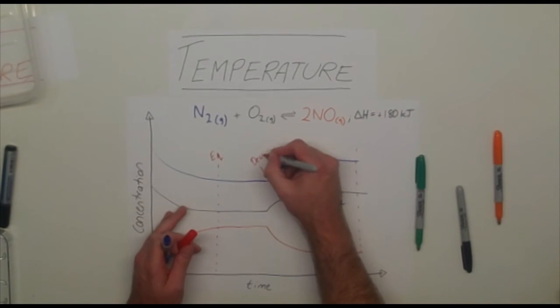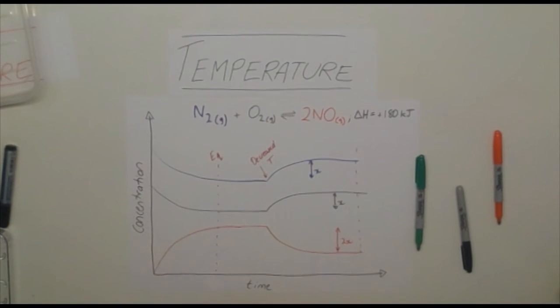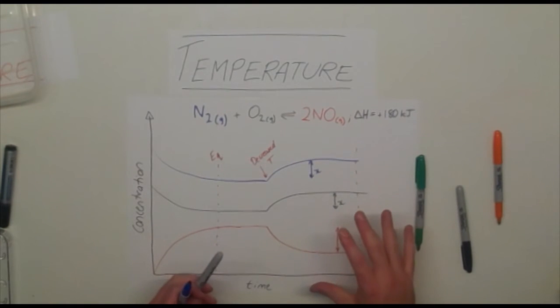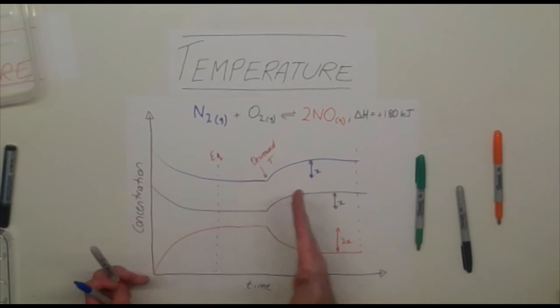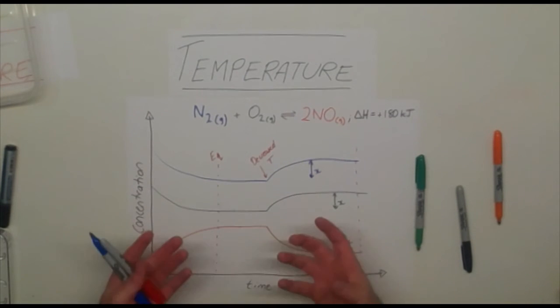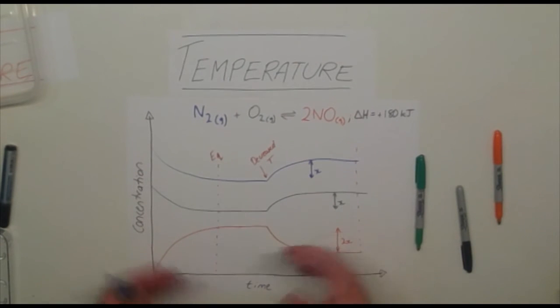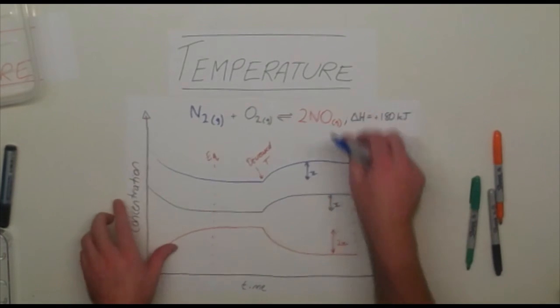Okay, so at this point, what we did was decrease the temperature. So if you see a graph where just the concentrations start to change, without any sharp spikes, that's a temperature one. So remember, an increase in temperature favours the endothermic reaction, and a decrease in temperature favours the exothermic reaction as it shifts to counteract the change.